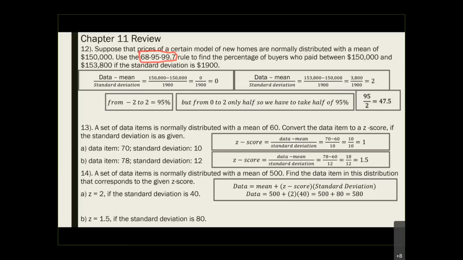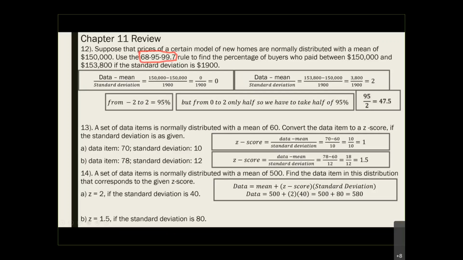So it's just the backward algebra of the z-score formula. We multiply the standard deviation and then we add the mean. In this case, my mean is 500, the z is 2 and the standard deviation is 40, which is 2 times 40 is 80, 80 plus 500 to give me 580, right?